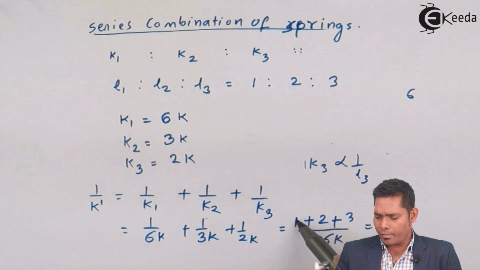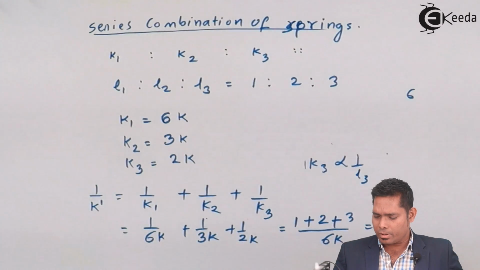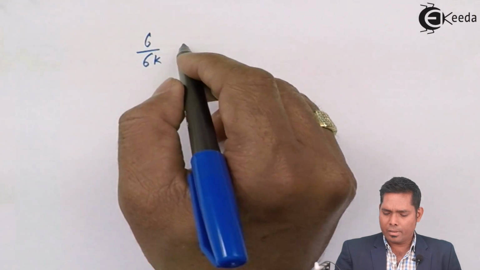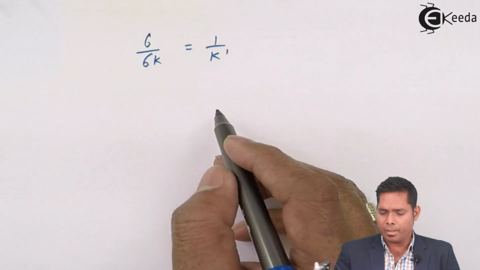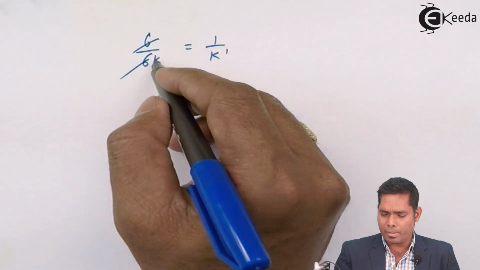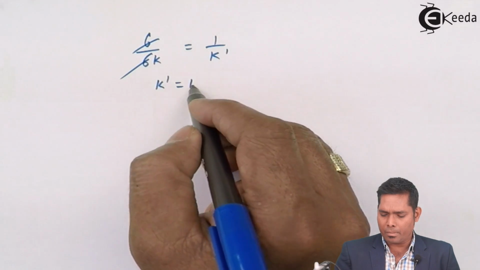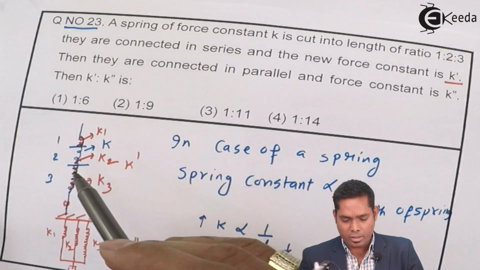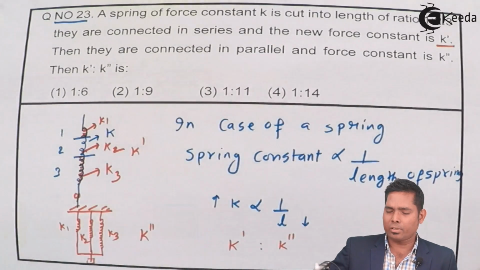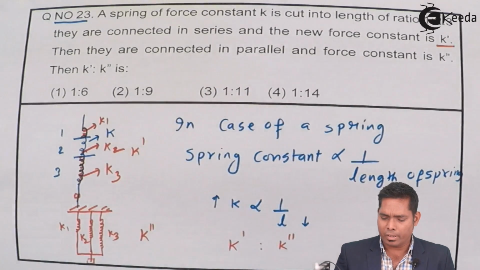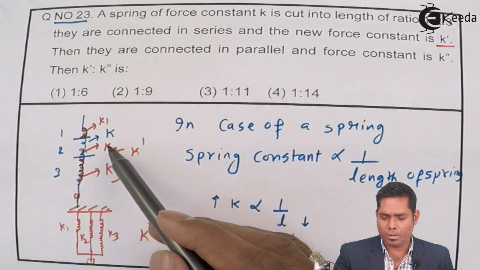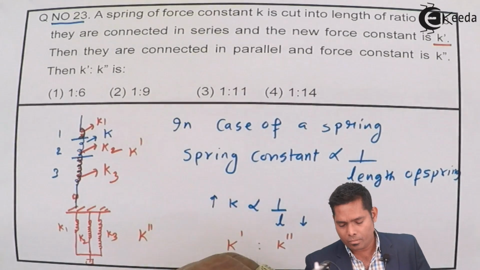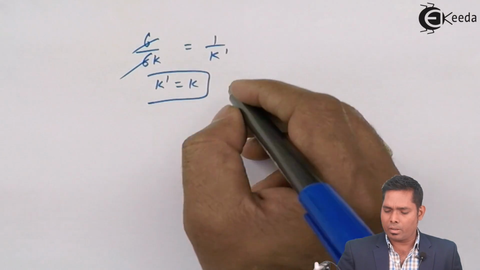So 6 cancels, 1 by K is 1 by K prime, so K prime is K. As I told you in the beginning, if you cut the same spring into different lengths and connect them in series, you get the same original spring. This is my equation number 1.